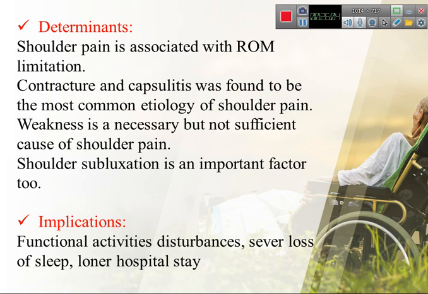This statement is so important. Weakness is a necessary but not sufficient cause of shoulder pain. If you have weakness, you have the risk of shoulder pain, but it is not sufficient. And shoulder subluxation is an important factor too.